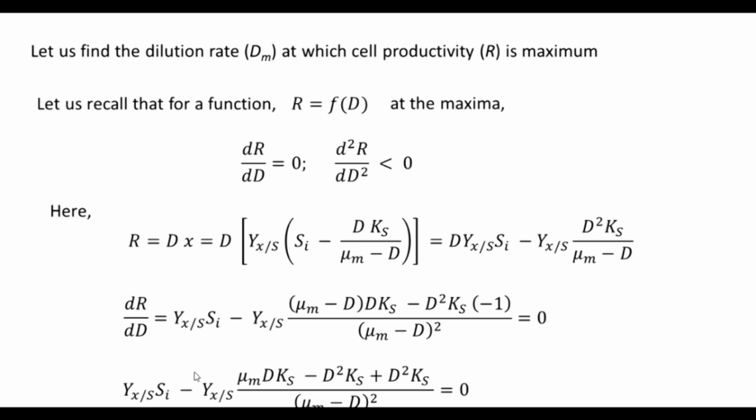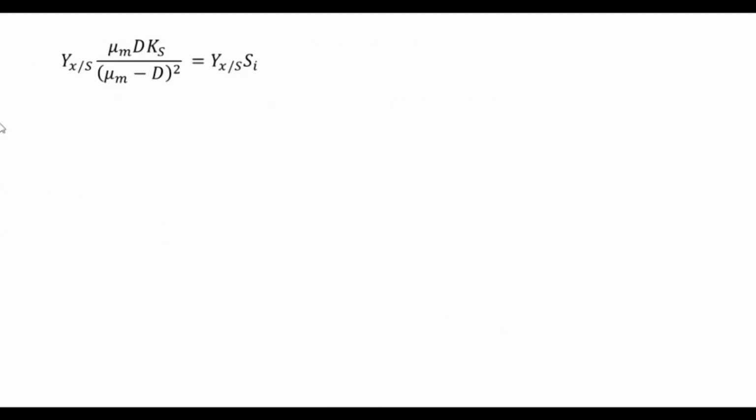Therefore, we get Yxs Si minus Yxs, grouping the terms appropriately, mu m 2DKs, which is the first term, minus D squared Ks plus D squared Ks, these two are going to drop out, times mu m minus D squared equals 0, and that is what we have here. This is just transposed to take one term to the other side.